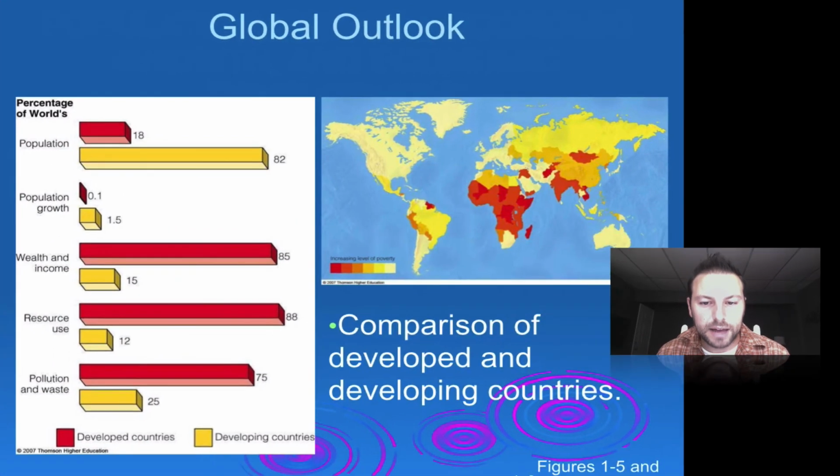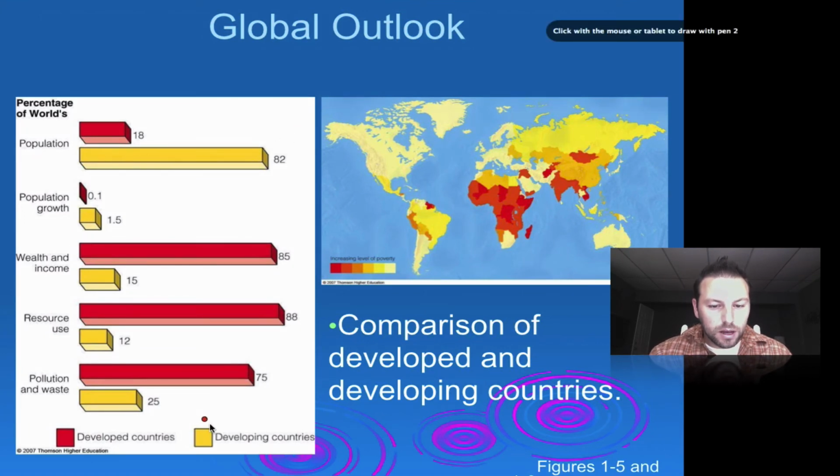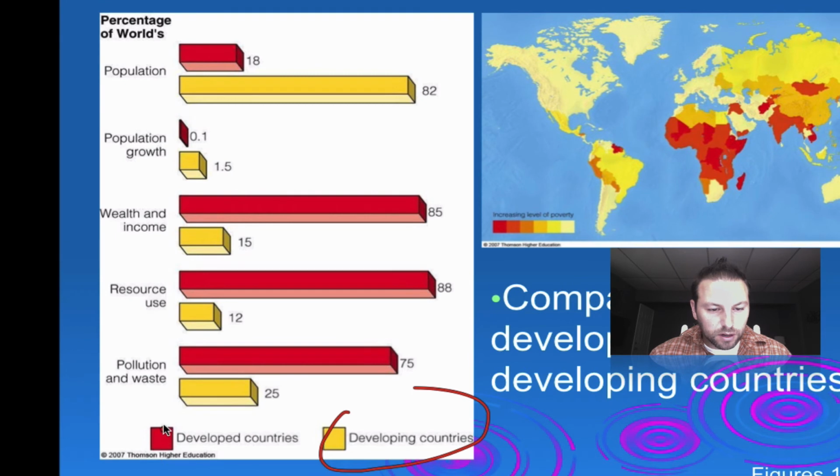Okay, if we look at what's going on around the world, we can see developing countries in yellow and developed countries in red. The US would be a developed country. Developing countries, you're looking at, possibly Africa, some parts of the Middle East, and some parts of Asia.